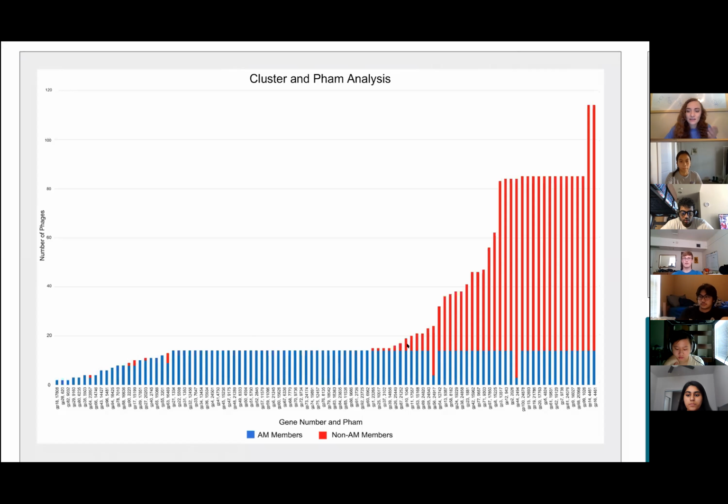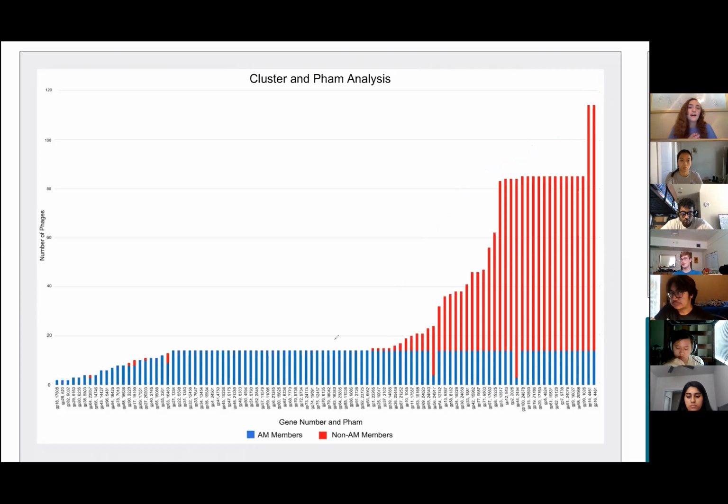But we also see all this red. These represent phages outside Napoleon B's cluster that had the same gene in relatively the same location with the same function.